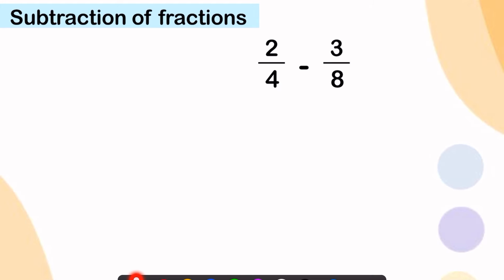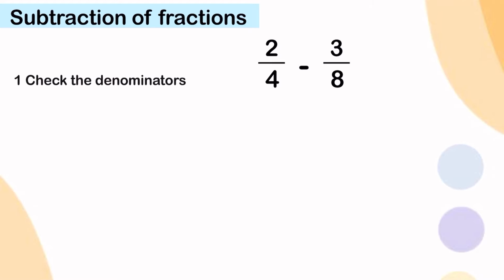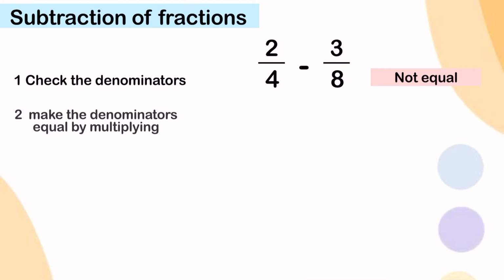What if we have different denominators? As you can see, we have the fraction 2 over 4 minus 3 over 8. So, first step, check the denominator. 4 and 8, they are not equal. When they are not equal, you need to do step number 2: make the denominators equal by multiplying. So I need to change 4 to 8 by multiplying.